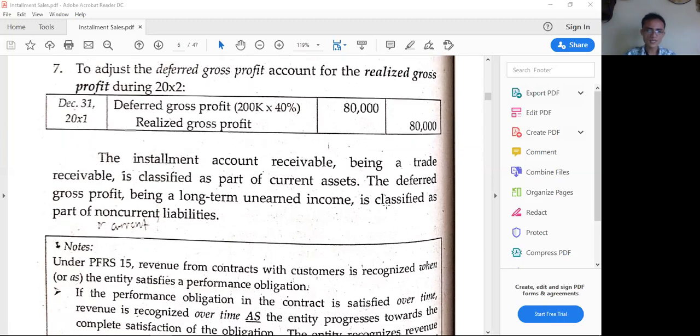On the other hand, if we say deferred gross profit, it's going to be long term because we're thinking here of long term type of sales or installment sales. But if it's going to be outside the normal operating cycle, then we have to analyze. Or even if it is within the normal operating cycle, but the term is just 1 year or less, then we are going to place that under current.